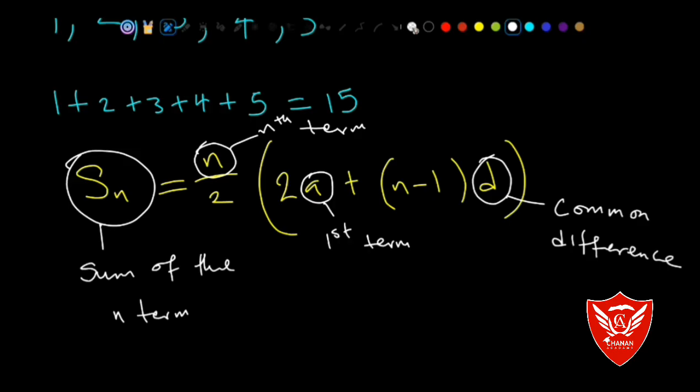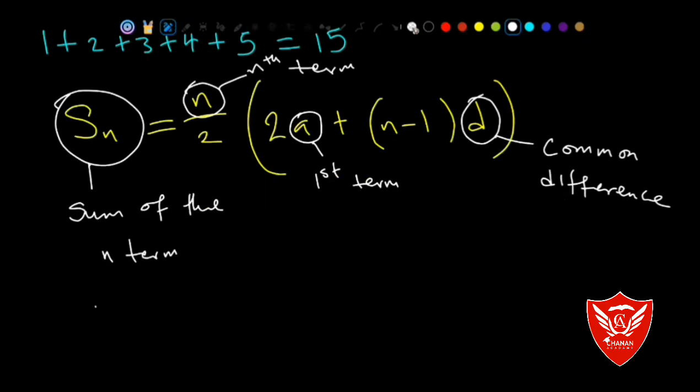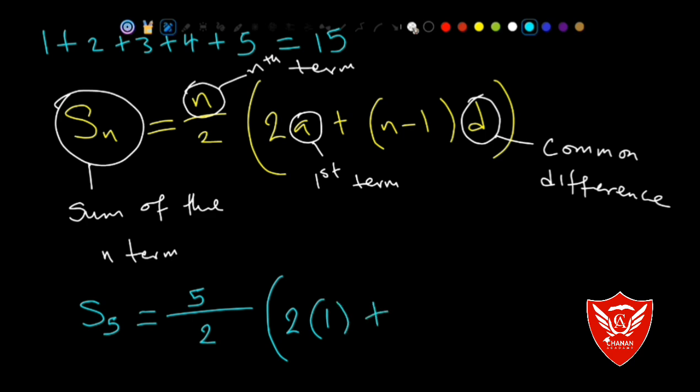Alright, if we try to use the formula to actually look for the sum of the 5 terms that was given, let us check and see. So we have S5 equal to, so the n is 5, so we have 5 over 2 bracket a is 1 plus 5 minus 1 is 4, and the common difference is 1.